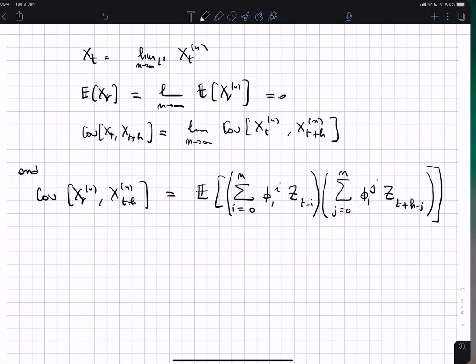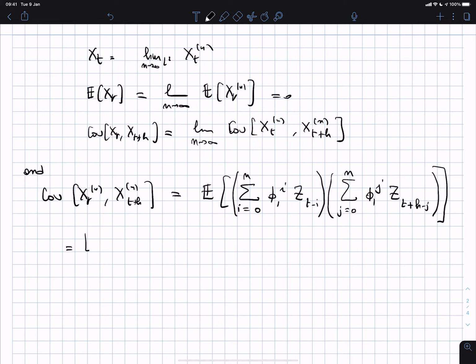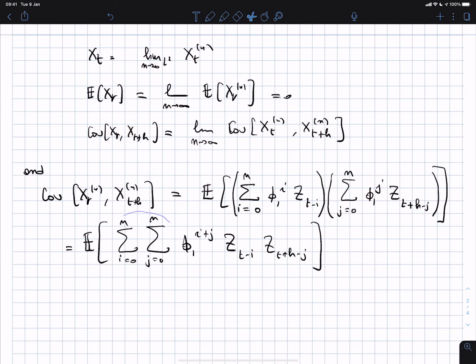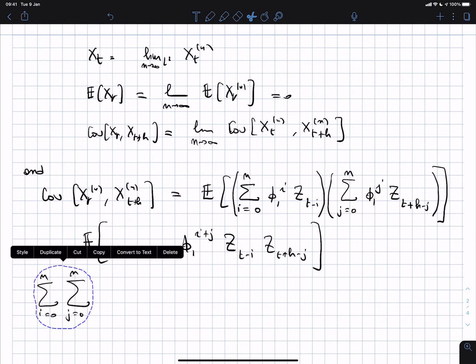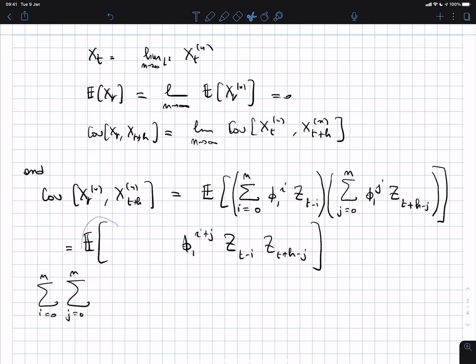Now this obviously is equal to this expectation here. Now this is a finite sum, so these guys can come out. This guy can come out as well.